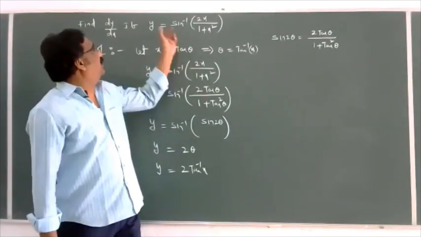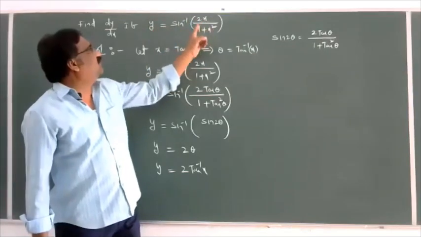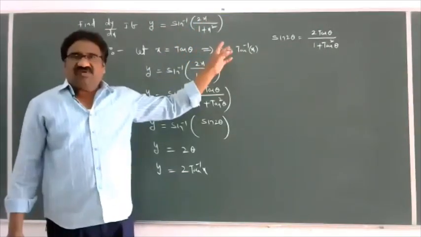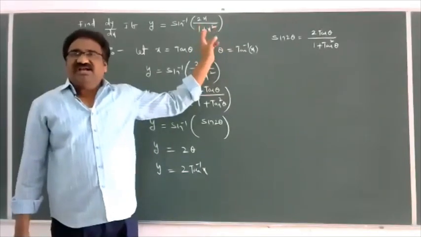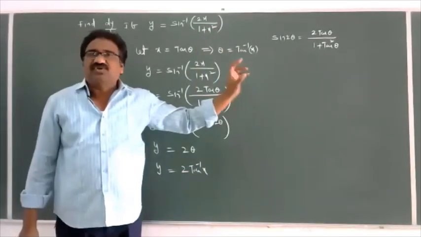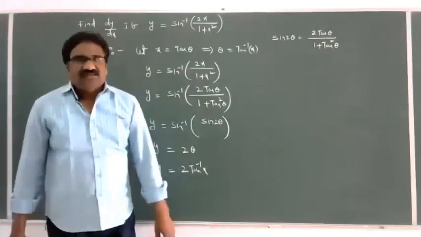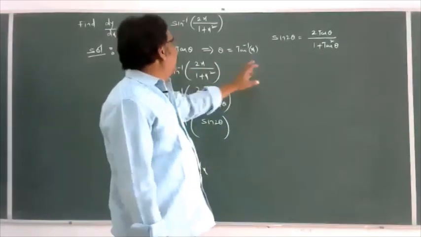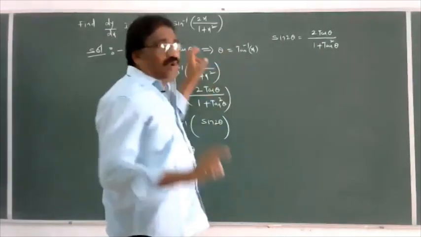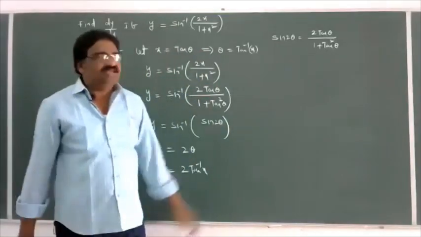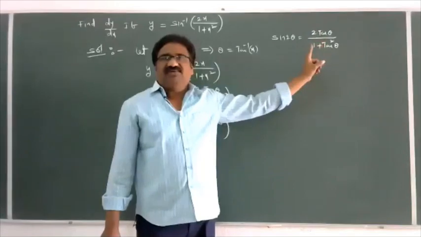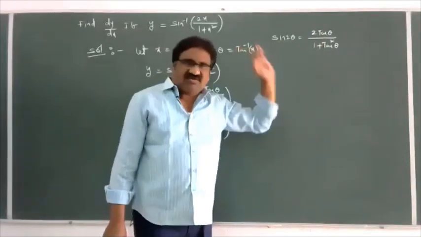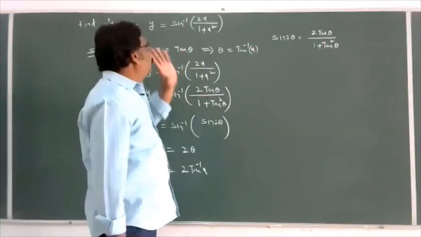The given problem is y is equal to sine inverse of 2x by 1 plus x square. Directly differentiating this is very difficult, that's why we go to the substitution method. The substitution required here is x is equal to tan theta, because you remember the formula sine 2 theta is equal to 2 tan theta by 1 plus tan square theta.